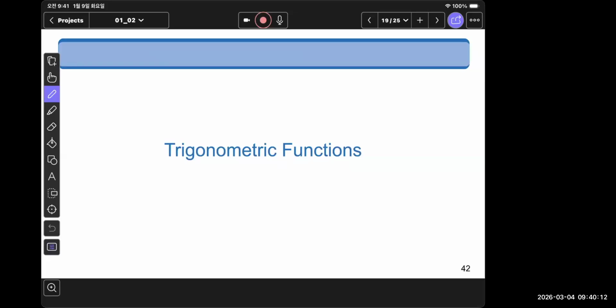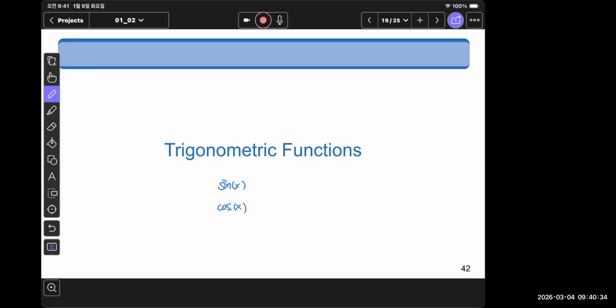Now, I guess you learned trigonometric functions in high school. So I assume that you know what the sine and cosine functions are, right?